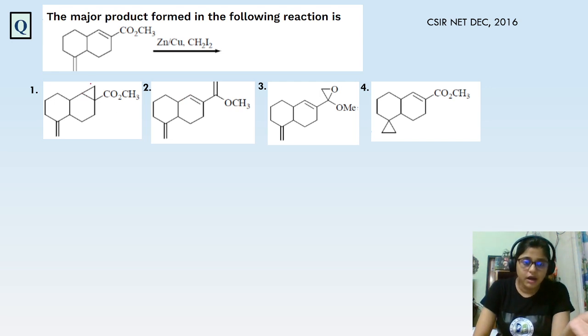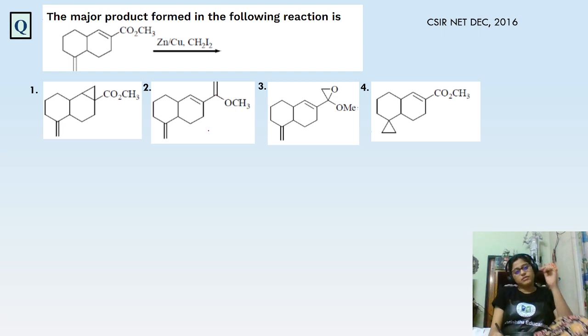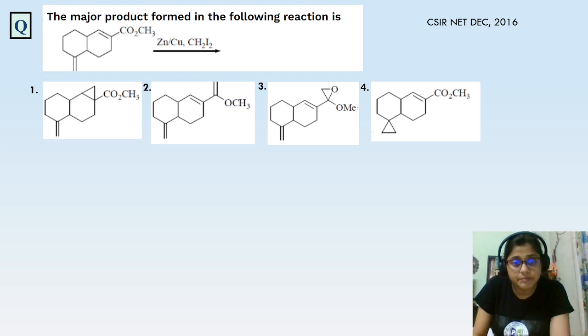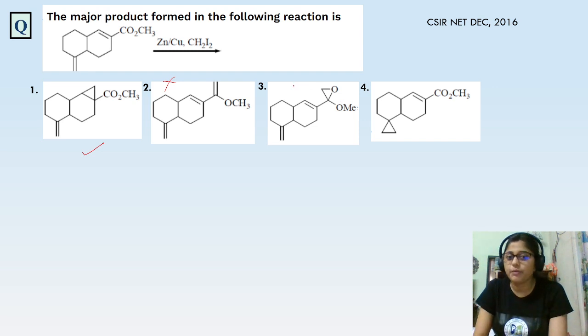Here this double bond, the cyclopropane ring is formed here, and here a double bond is present. Here what is happening? It will not be possible. Okay, so it is not possible.